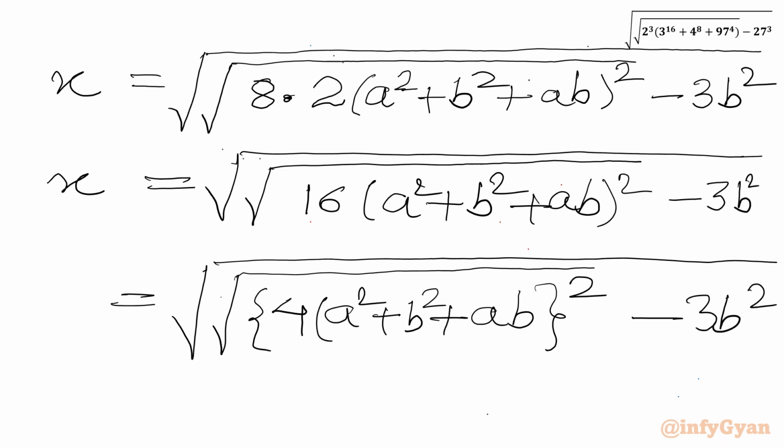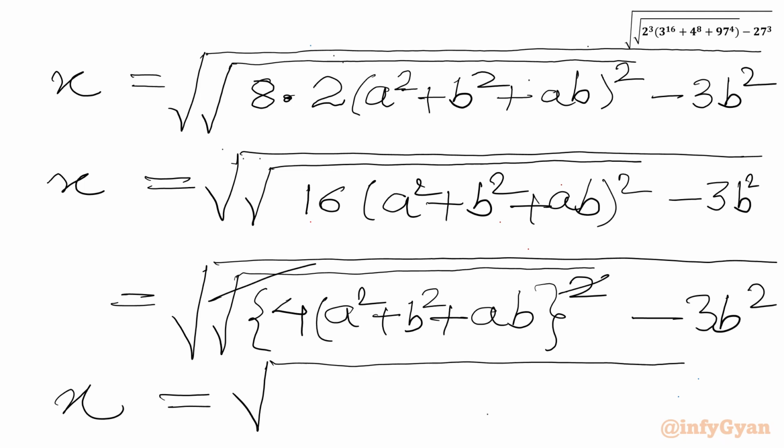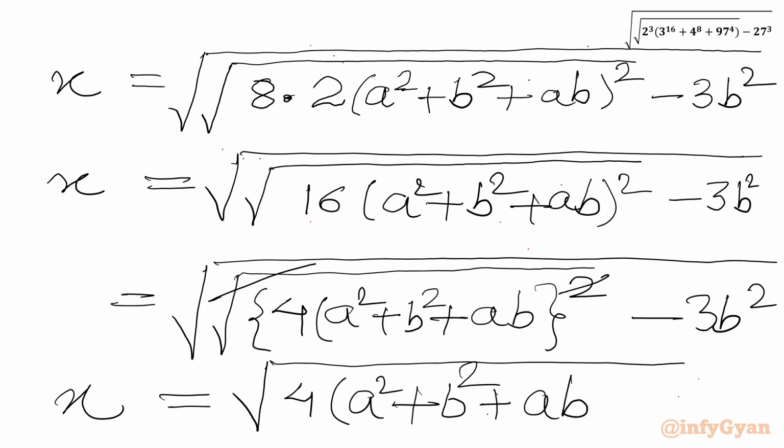Now we can cancel square root with this square. So we will be getting x equal to square root of 4 times in the bracket a square plus b square plus ab, and then we will write minus 3b square.